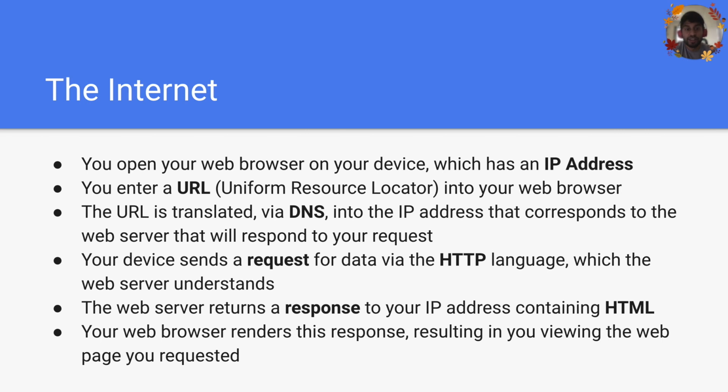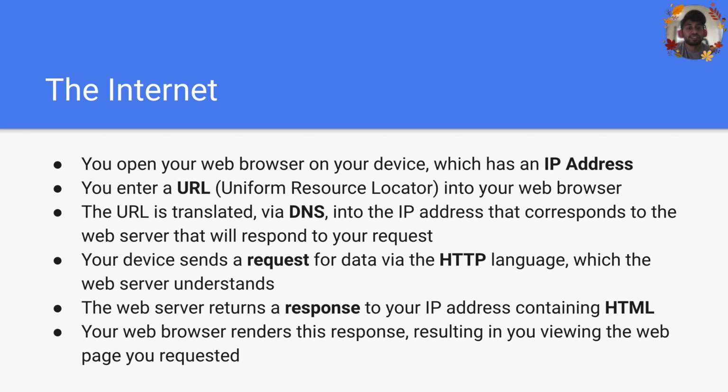So to recap the internet then in a very simplistic way, you open your web browser on your device, which has an IP address. Your web browser is your device's portal into the internet. You enter a URL into your web browser and hit enter. The URL is first translated via DNS into the IP address that corresponds to the web server that will respond to your request.